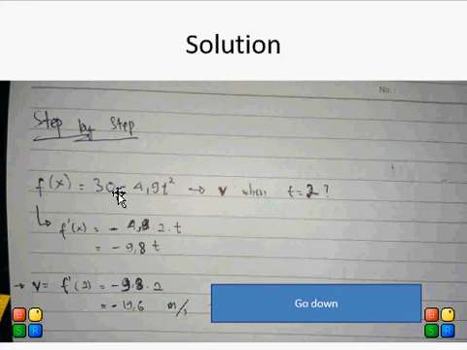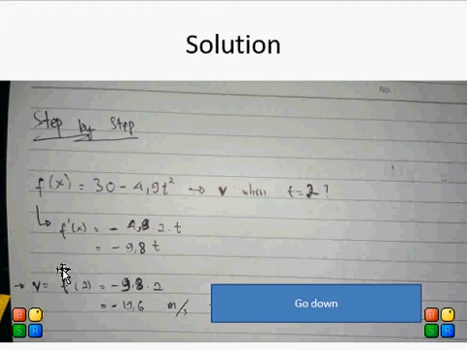So we get the differentiated function equal to minus 9.8 times t, and then we have to find the velocity. Velocity equals the first differential of the function.